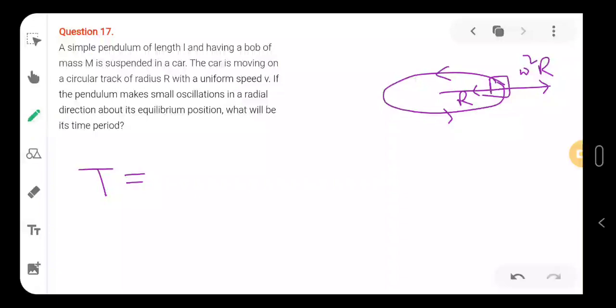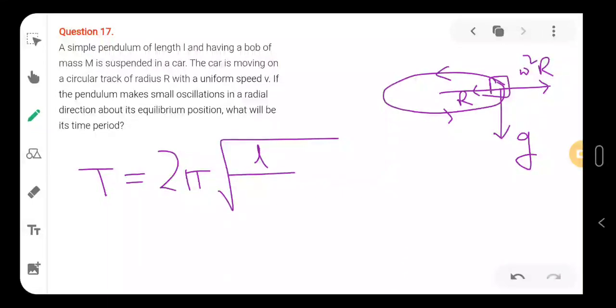So what to do here? See, for the pendulum, g is working downward, and the centripetal acceleration is working perpendicular to it. So that's why there will be a resultant acceleration, because they are working perpendicular. This formula we will use, root over L by, instead of g, what we will write, root over g square plus this, that means omega square r whole square.